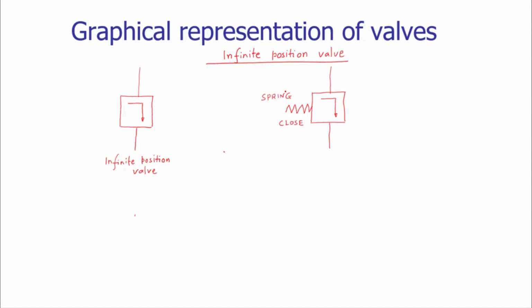To open this particular valve, we are using a pilot pressure. To designate the actuation by pilot pressure, we are using dotted lines. The pilot pressure is applied. And when the pilot pressure, or the external pressure, is applied, the valve gets open. Opening of the valve is due to the pilot pressure.